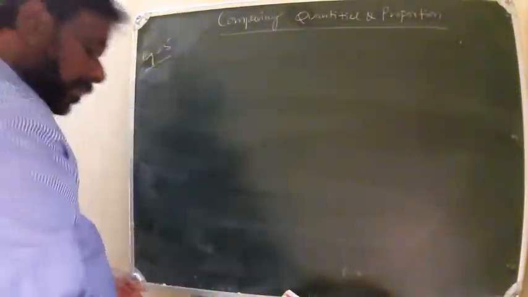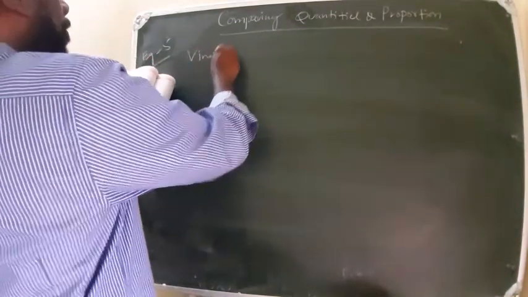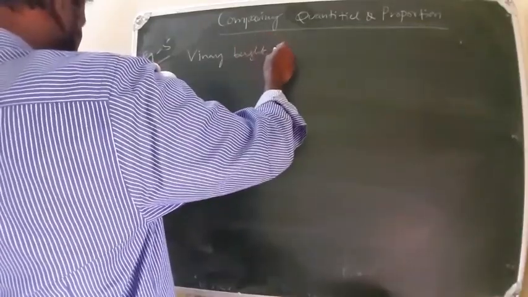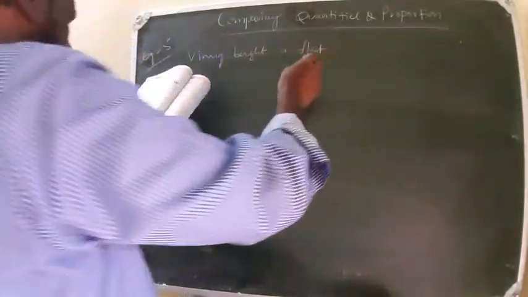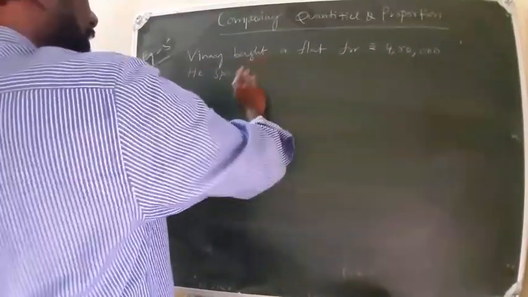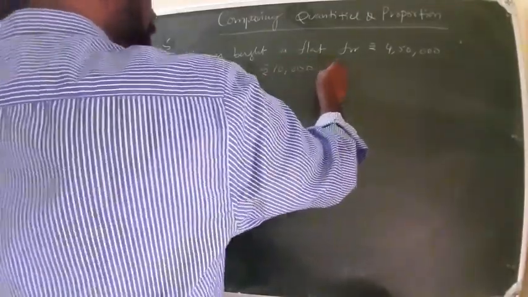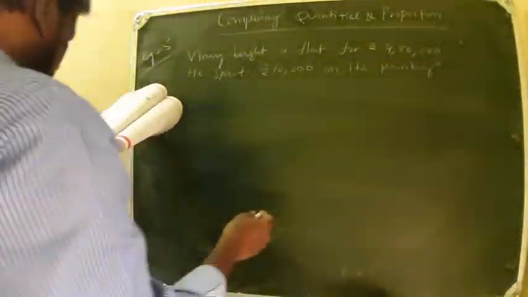Example 5. Vinay bought a flat for rupees 4,50,000. He spent rupees 10,000 on its painting and repairs.